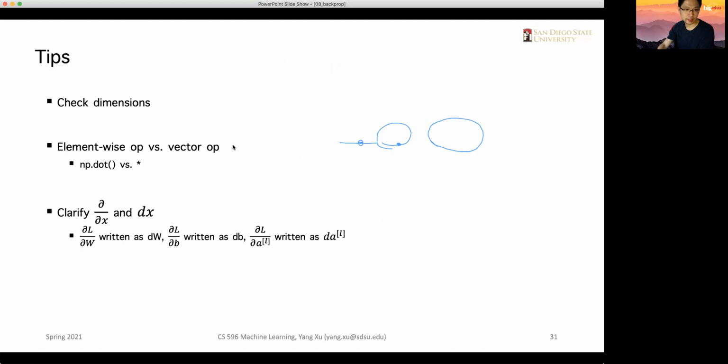And here are some tips that are useful in the homework. So that's it for backpropagation. I know it's quite a lot of content, and I hope you can use the example that I put in the slides, and also use the homework as a way to practice.